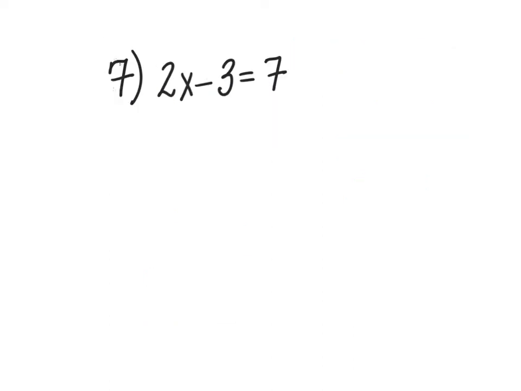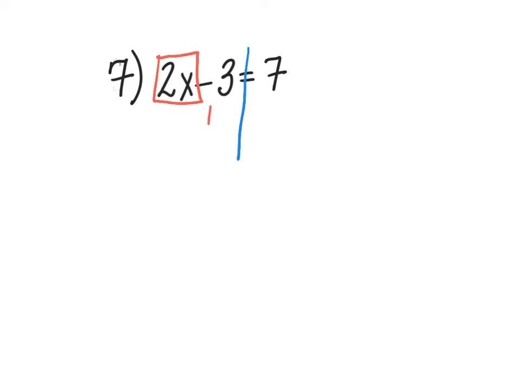Equation number 7. We have 2x minus 3 is equal to 7. So what we want to do is we want to get our constants together on the same side. So I'm going to leave my variable term alone, and I'm just going to get rid of the negative 3. Well, the opposite of a minus 3 or a negative 3 would be a positive 3.